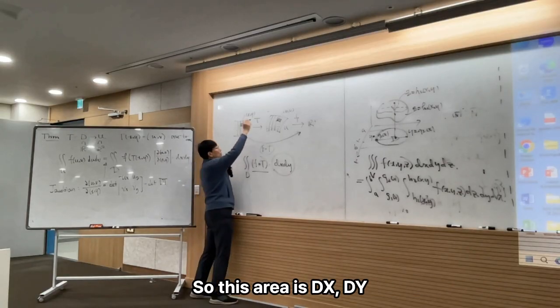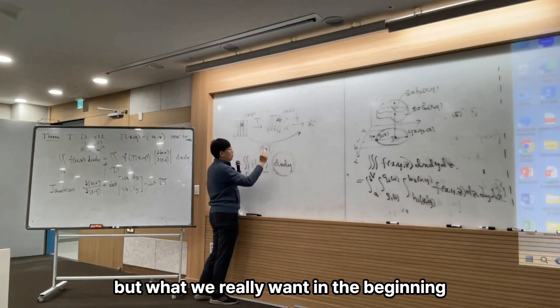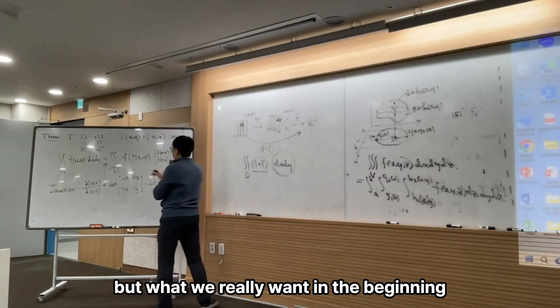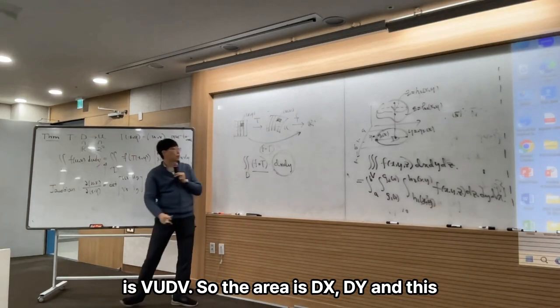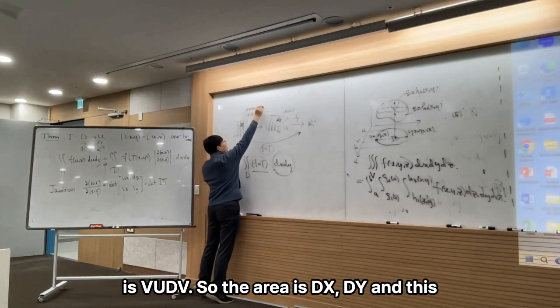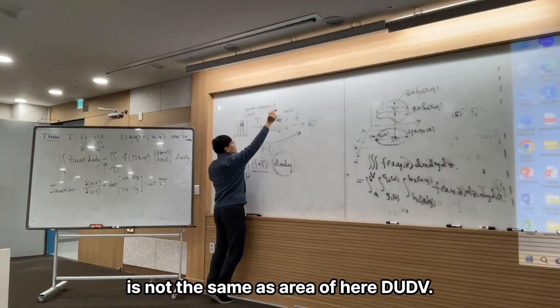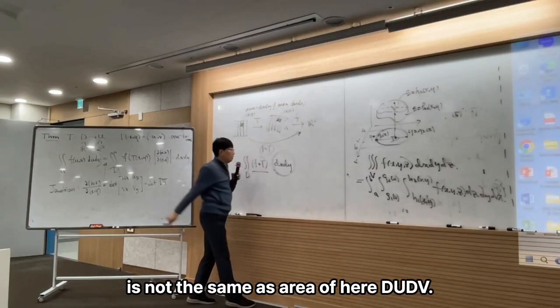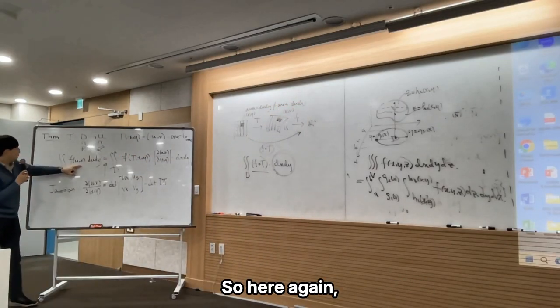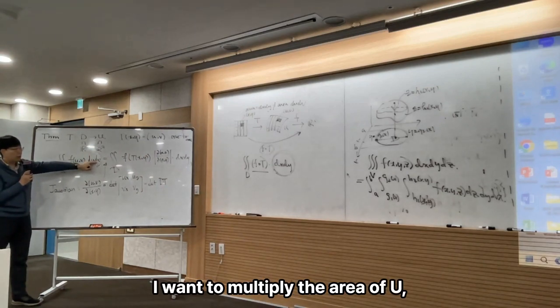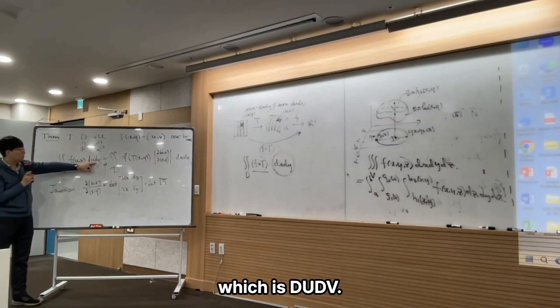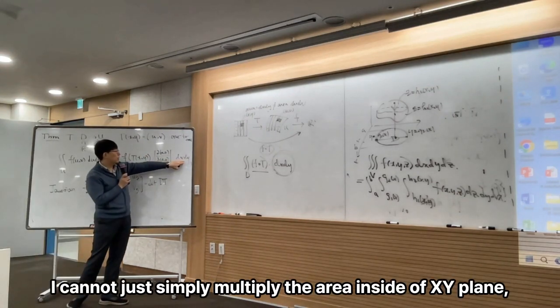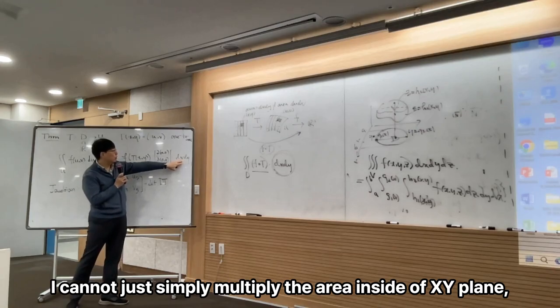So this area is dx dy, but what we really want in the beginning is du dv. So the area is dx dy, and this is not the same as the area here, du dv. So here again, I want to multiply the area of U, which is du dv. I cannot just simply multiply the area inside of the xy plane, dx dy.